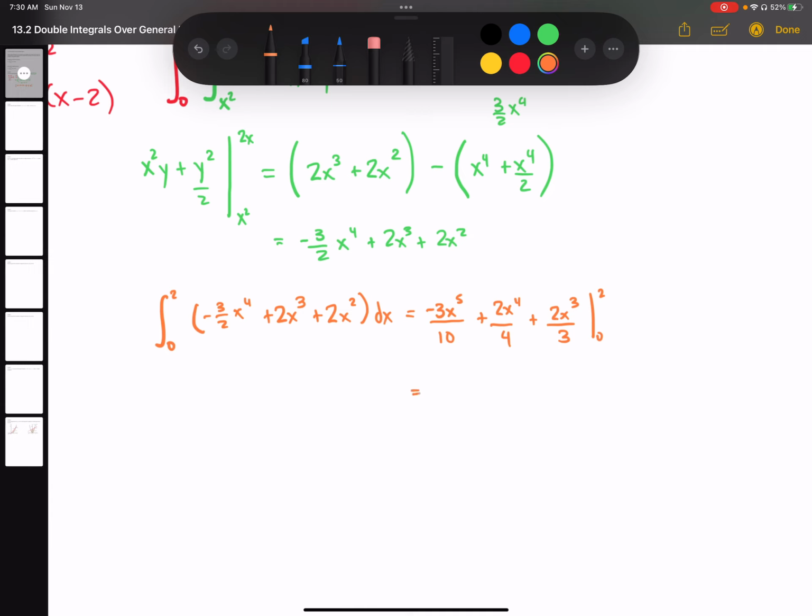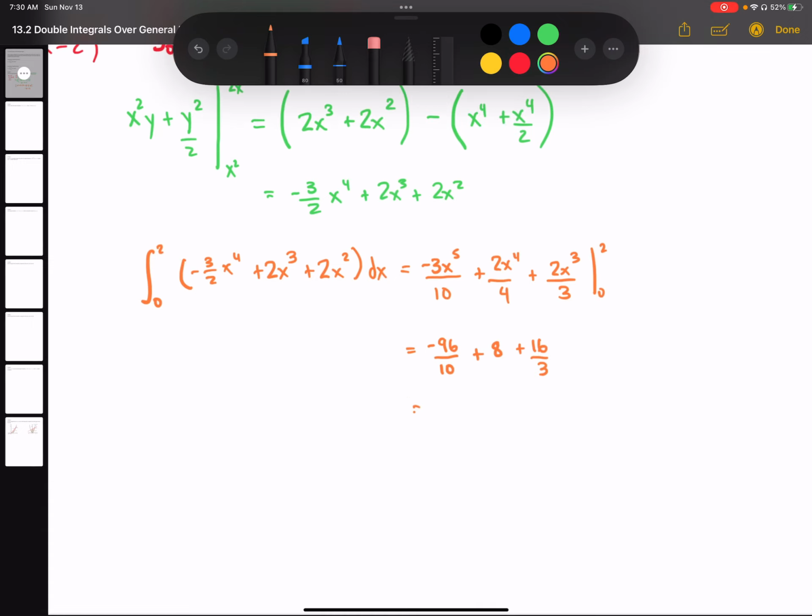So if we substitute in 2, we're going to get 2 to the fifth is 32, and times negative 3 is negative 96. So we get negative 96 divided by 10. 2 to the fourth is 16, times 2 is 32, divided by 4 is 8, and 2 cubed is 8, times 2 is 16, so plus 16 thirds.